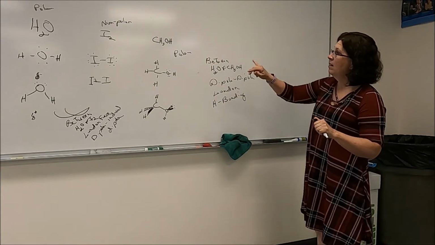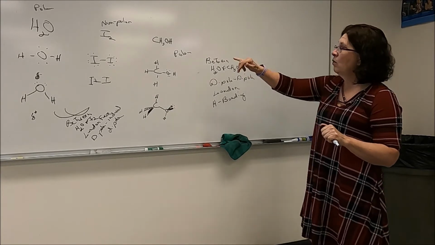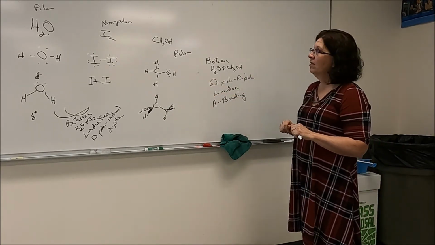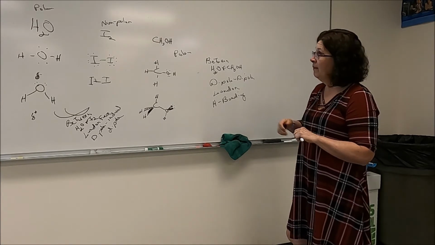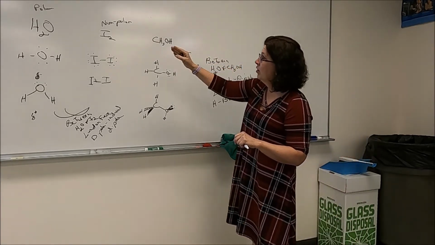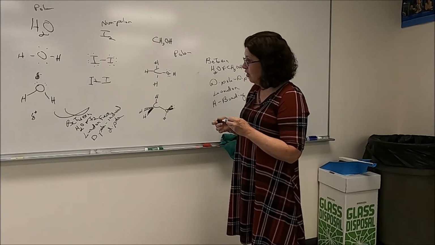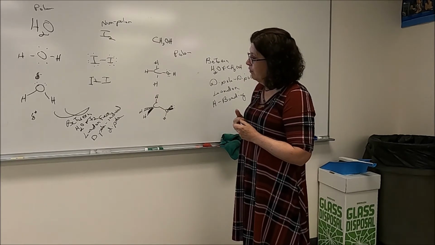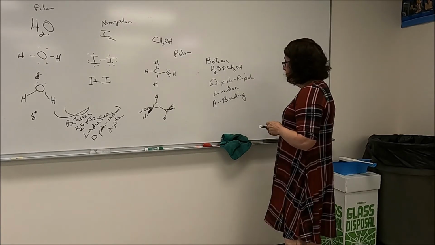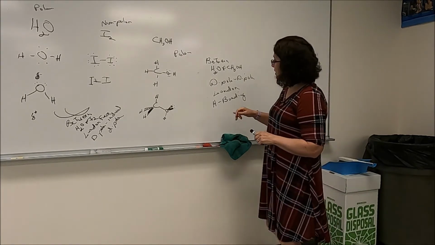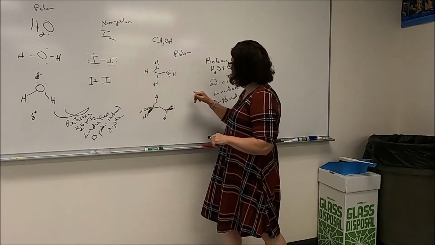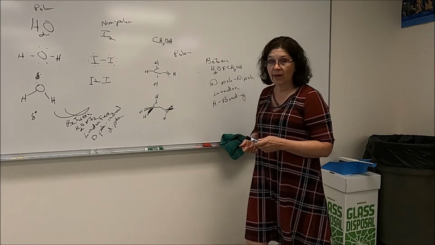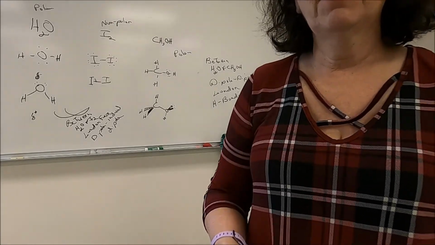So between methanol and water, we can generate 3 intermolecular forces. Between water and iodine, we can only generate 2: a London force and a dipole-induced dipole. And the dipole-induced dipole is much weaker than a dipole-dipole, much weaker than hydrogen bonding.